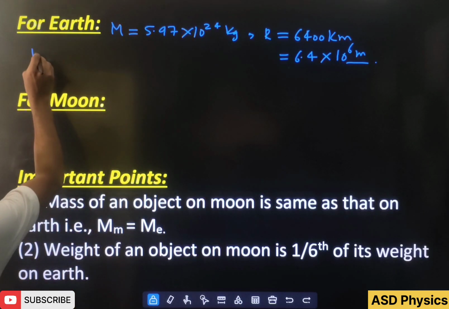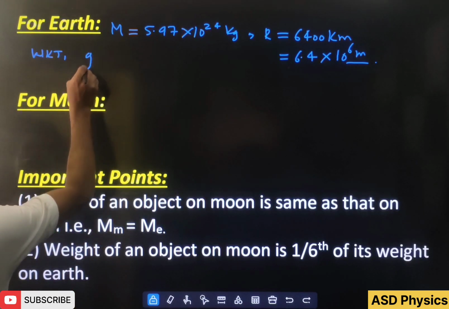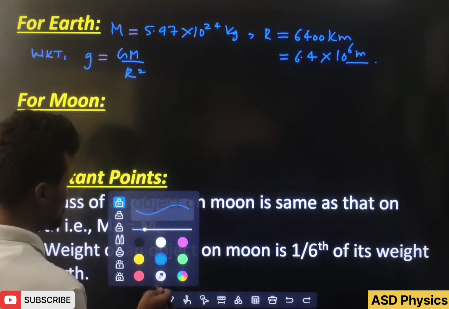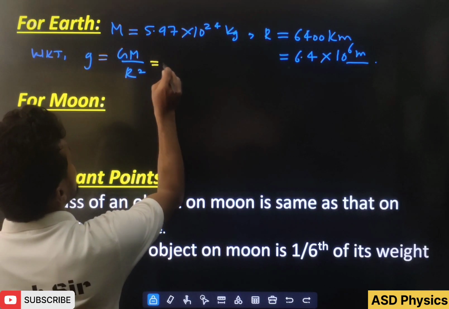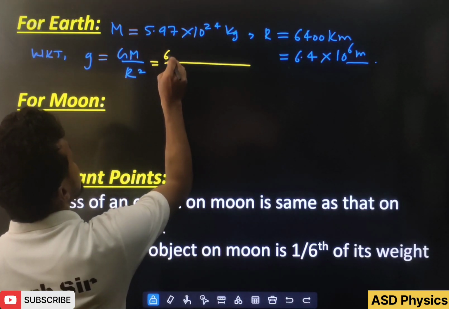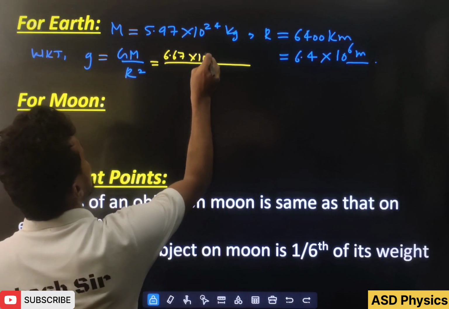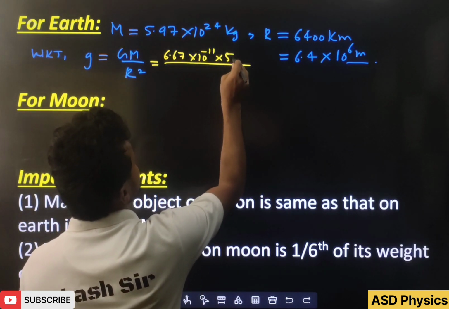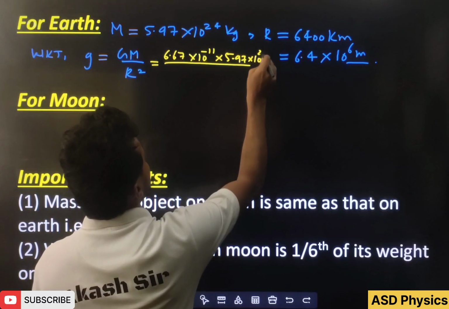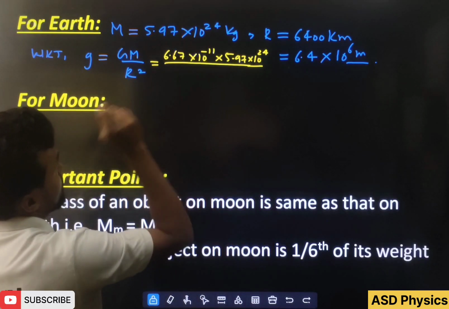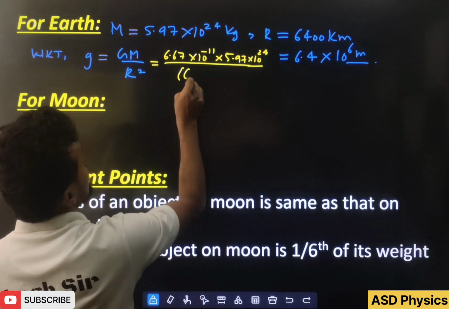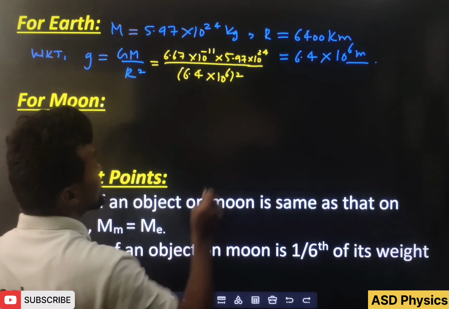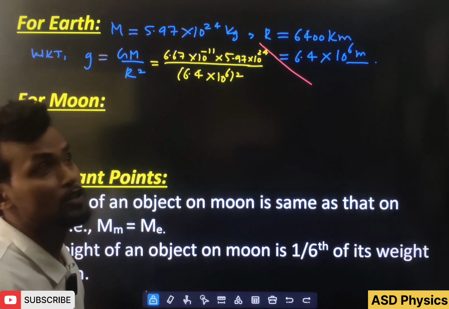As we know very well, the gravity value is GM by r square. So if I put in the values: G is 6.67 into 10 to the power minus 11, mass of the earth is 5.97 into 10 to the power 24, divided by the radius, 6.4 into 10 to the power 6, squared.